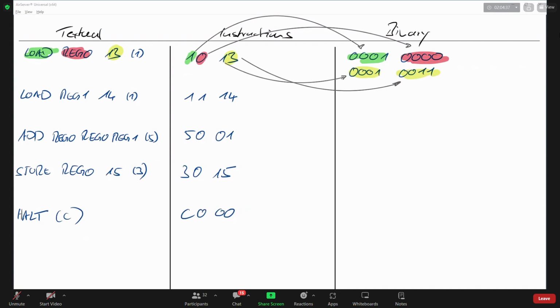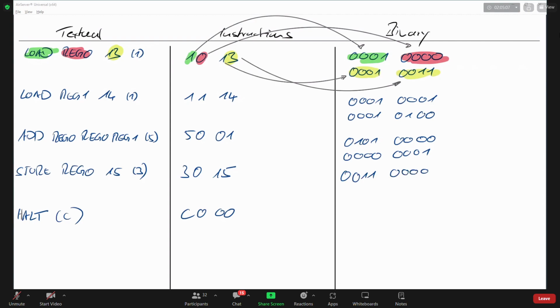The next binary command would be 1, that's 0001, 0001, 0001, 0100. Nice. Then 5 is 0101, 0000, 0000. 3 is 0011, 0000 is 0, and 0101 is 5.